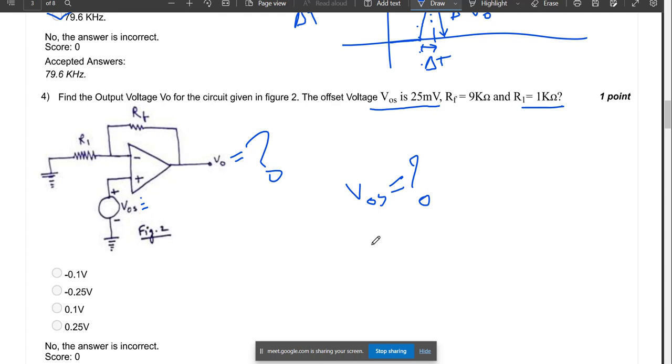But in any case, if the output is a finite value, which is more than 0, to make that 0, we apply some voltage at the input side. That input is called the offset voltage. Okay. Anyone else? What is your name? Bhagyashree, ma'am.